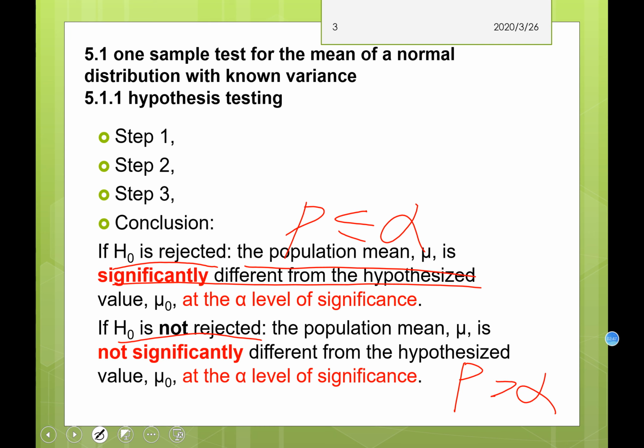When P is bigger than alpha, we cannot reject H0. So both of these two conclusions are the standard way of statement in medical statistics.